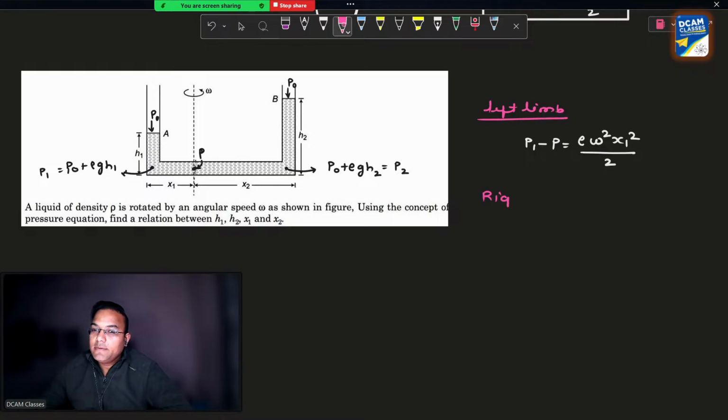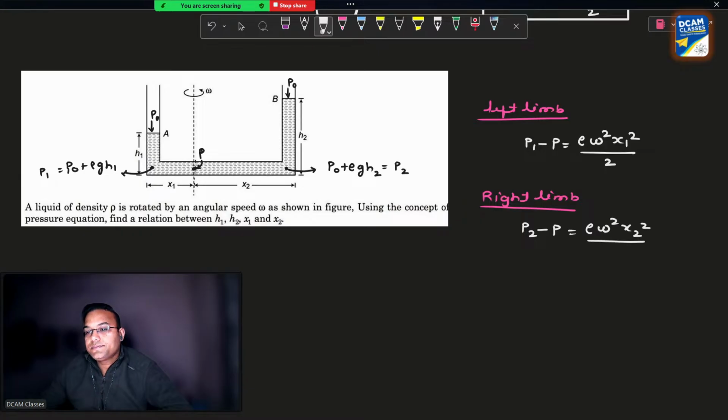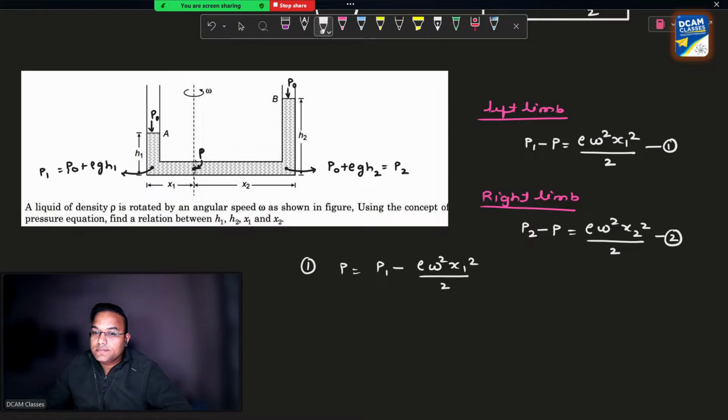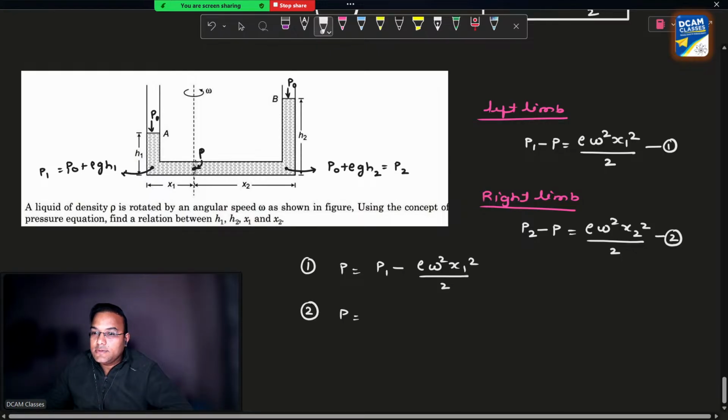Similarly, for the right limb, we know P2 minus P is rho omega square x2 square by 2. So from the first equation, P is equal to P1 minus rho omega square x1 square by 2. From the second, I find P is equal to P2 minus rho omega square x2 square by 2.